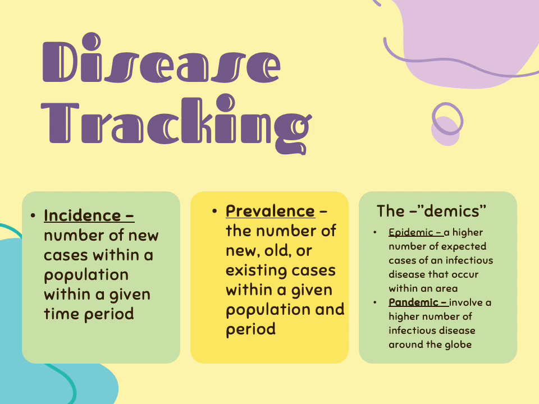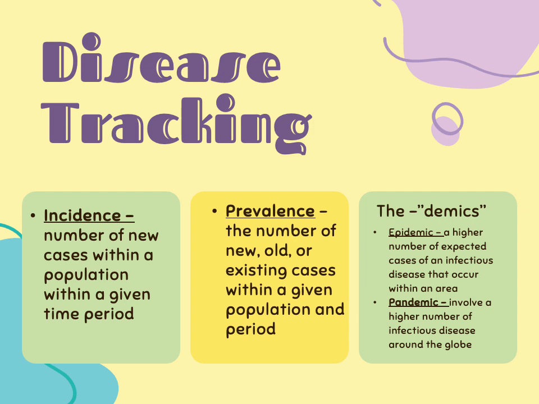So one of the areas that they look at with this tracking that's reported is the incidence. Incidence is the number of new cases within a population within a given time period. So you can have an incidence of flu cases that happen within what we call the flu season, right?